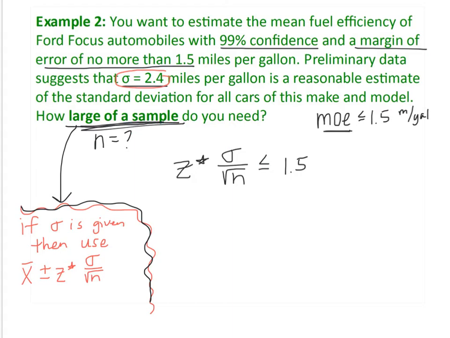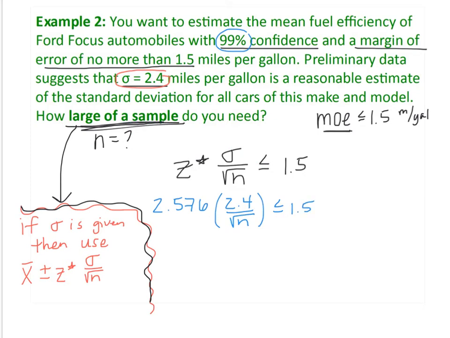So now when I plug in my pieces, z star for 99% confidence is 2.576 times sigma of 2.4 over the square root of n, because I don't know n, less than or equal to 1.5.